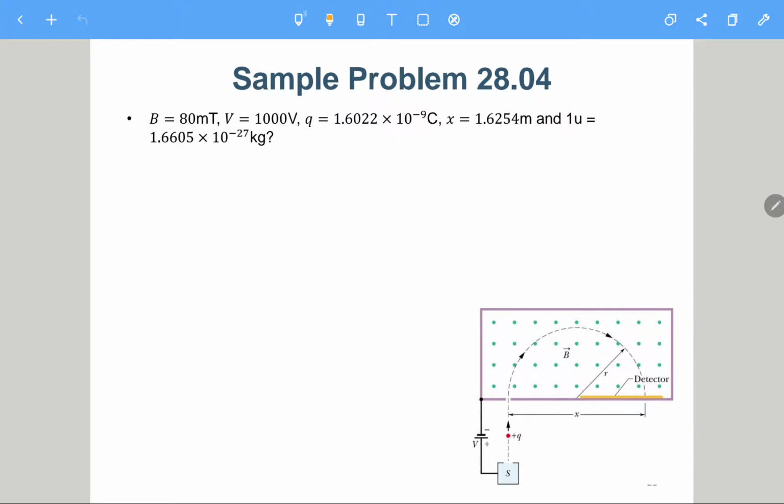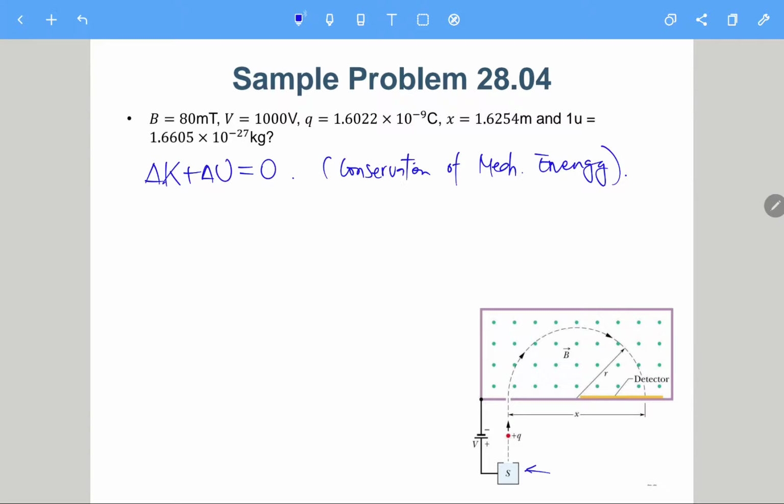So here we will have a conservation of mechanical energy, which is delta K plus delta U equals 0. Originally the ion is at rest, so K initial should be 0, and at this point it should be 1/2 mv squared.